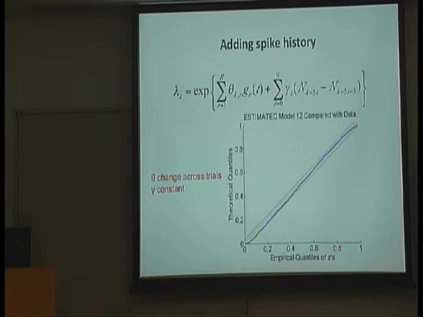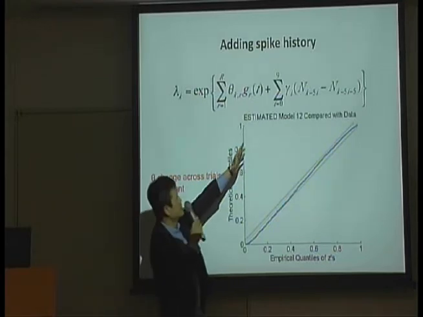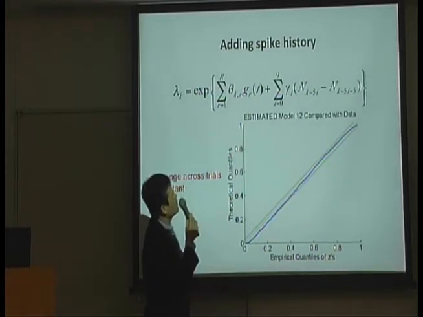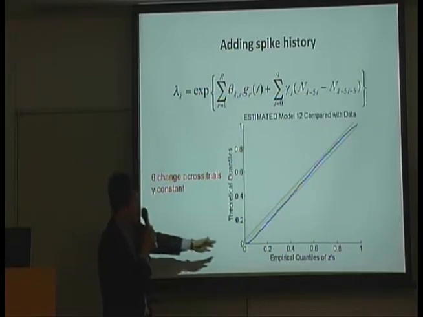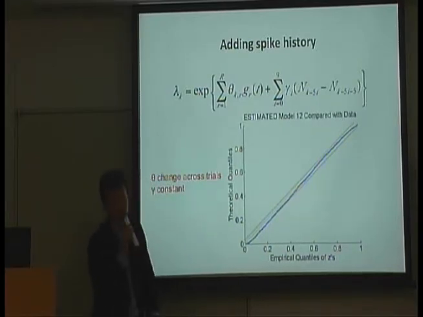Further, to improve the model, you can incorporate some spike history. By using model selection, you can use 9 parameters of spike history, and then you can fit the data better.